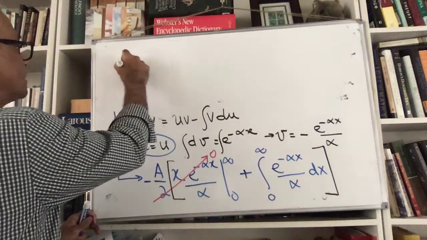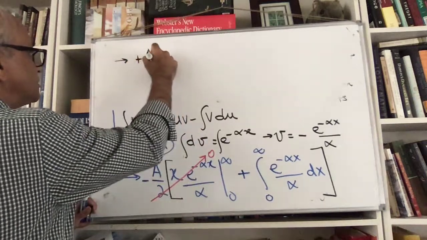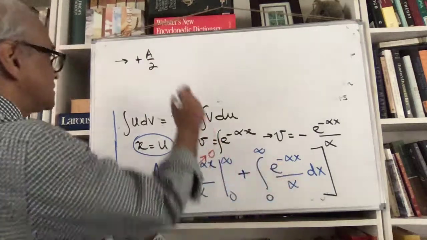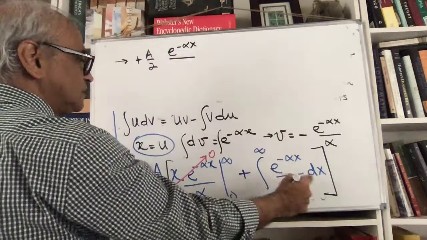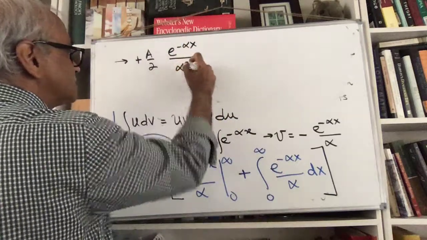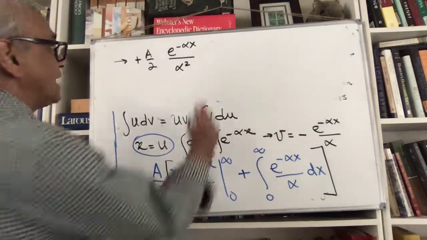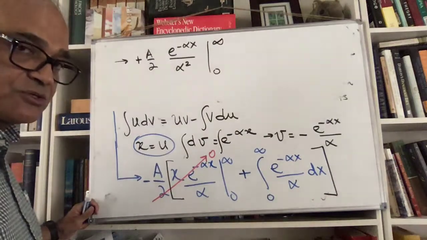So we have a plus a over 2, which is good. And then you have to do this one. It will be e to the power minus alpha x over alpha squared, because one of these alphas will come down below, and you go from 0 to infinity.